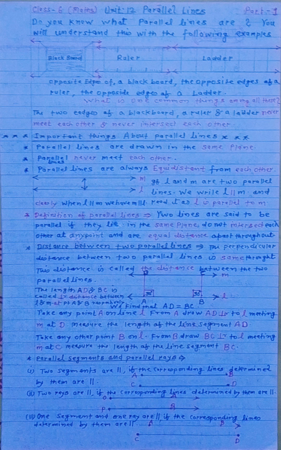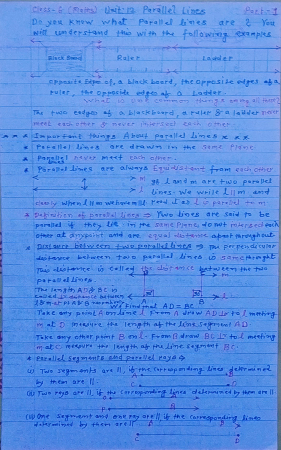Now I am going to discuss parallel segments and parallel rays. Parallel segments: two segments are parallel if the corresponding lines determined by them are parallel. I am drawing the figure AB and CD. Now the second point: two rays are parallel if the corresponding lines determined by them are parallel.